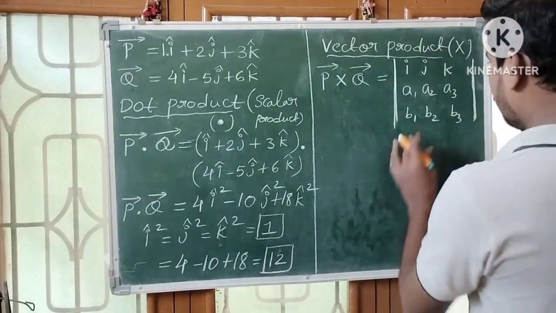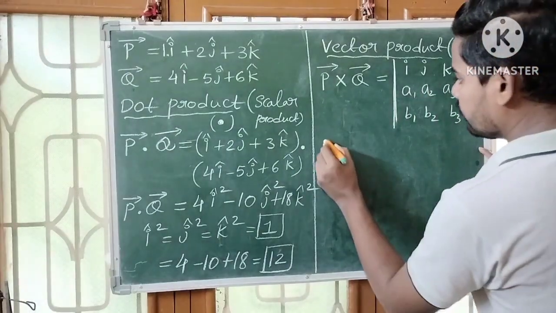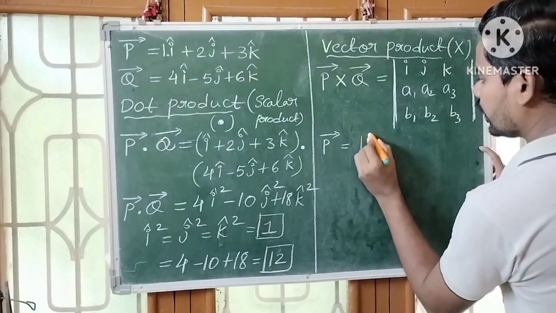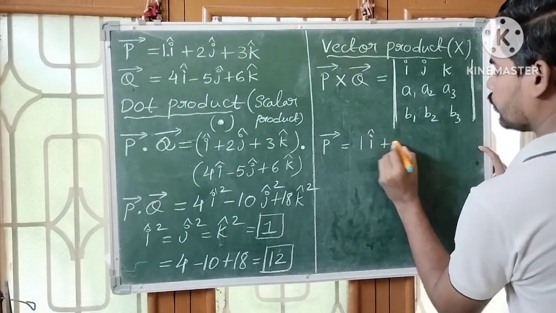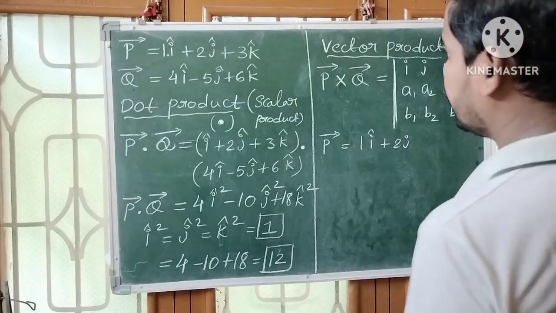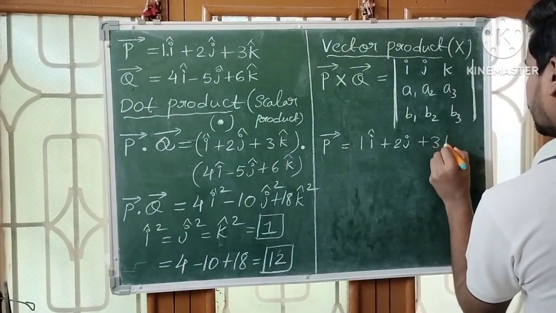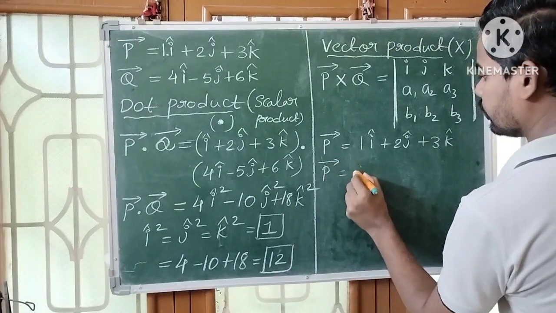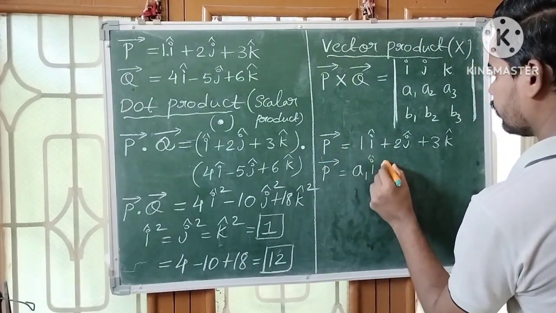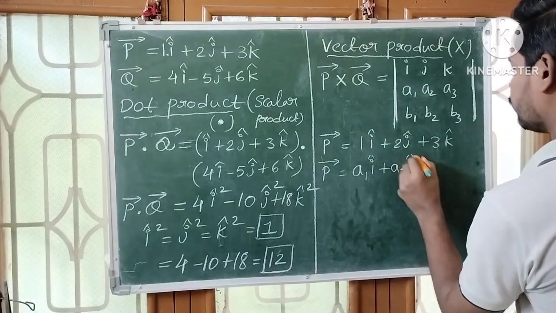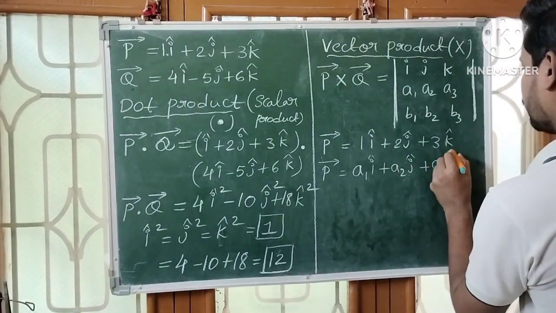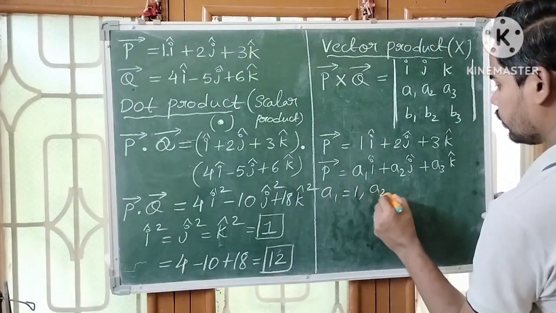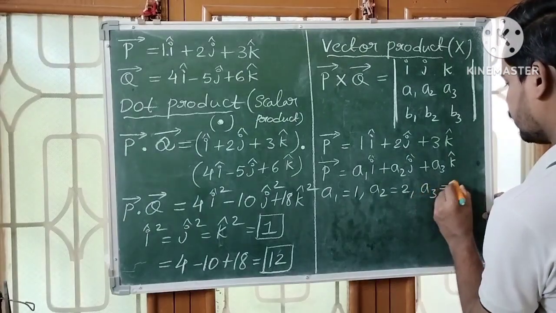First of all, let us find a1, a2, a3. Vector P is equal to 1 i cap, 2 j cap, plus 3 k cap, so vector P is equal to a1 i cap plus a2 j cap plus a3 k cap. Now compare. Here a1 is equal to 1, a2 is equal to 2, a3 is equal to 3.